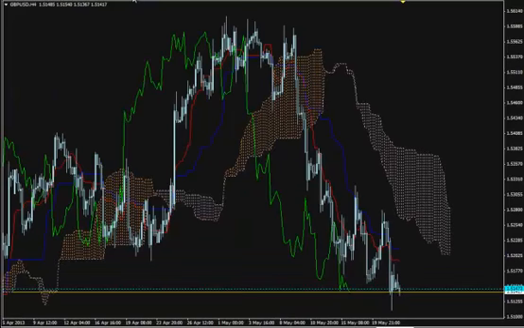On the H4 chart, 4-hour chart, the leading Kumo is bearish, a heavy, big bearish Kumo, and its edge is becoming sharper, pointing downwards. So we have strong bearish biases. Of course, everything looks bearish here, but we want to avoid moves like this because they will cost us.